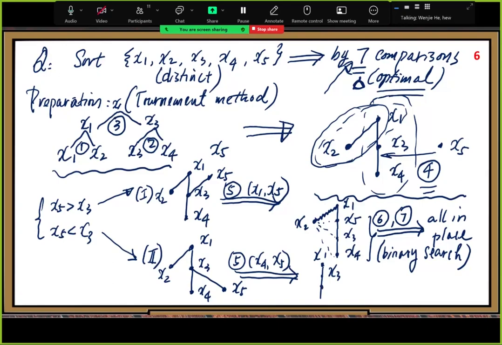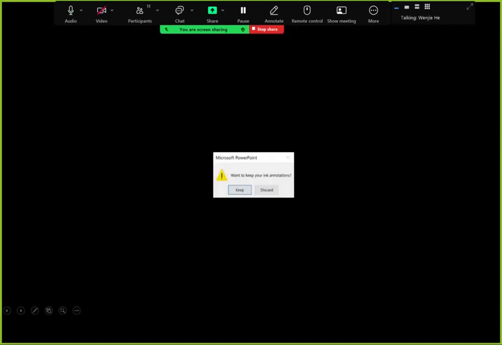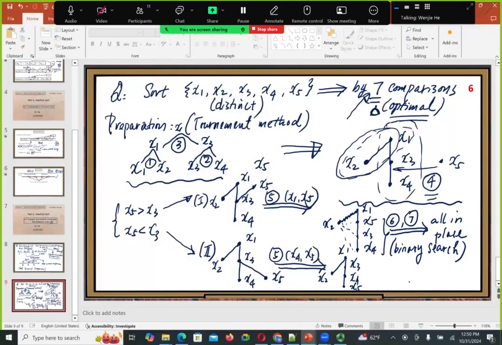Now x4 higher, x5 higher, symmetric, right? This time it's symmetric, so we just pick one of the two. We don't need to consider both. This time we can use symmetry for x5. And x2 here, then binary.